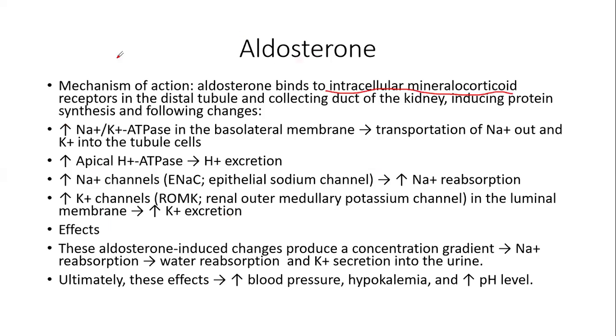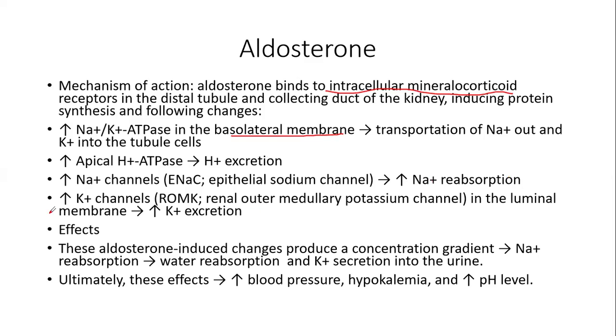So let's read out what aldosterone is doing. Firstly, it is increasing sodium potassium ATPase pump in the basolateral membrane, which will increase transportation of sodium out and potassium into the tubule cells. It is also increasing apical hydrogen pumps, which is excreting the hydrogen ions. Then it is also increasing sodium channels in the apical membrane area, which is causing increased sodium reabsorption.